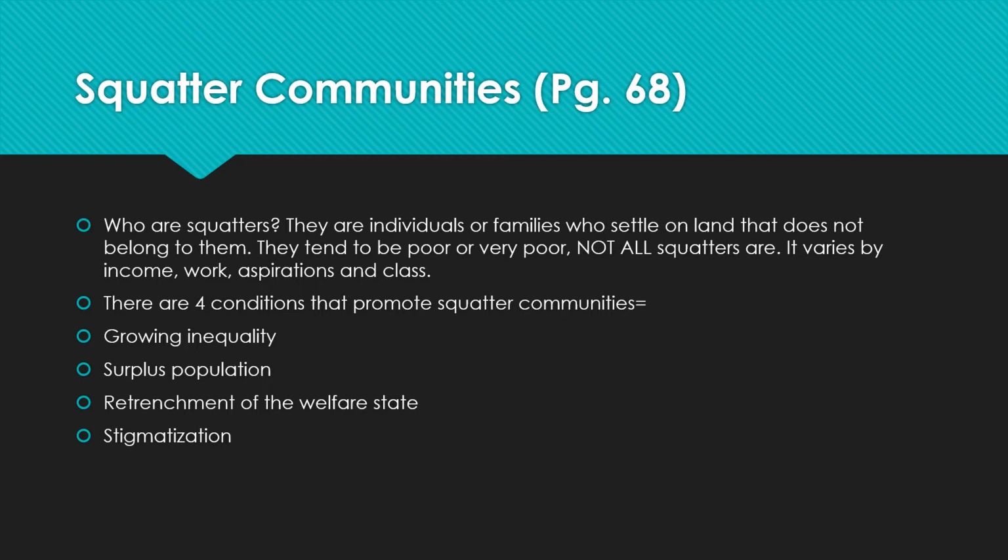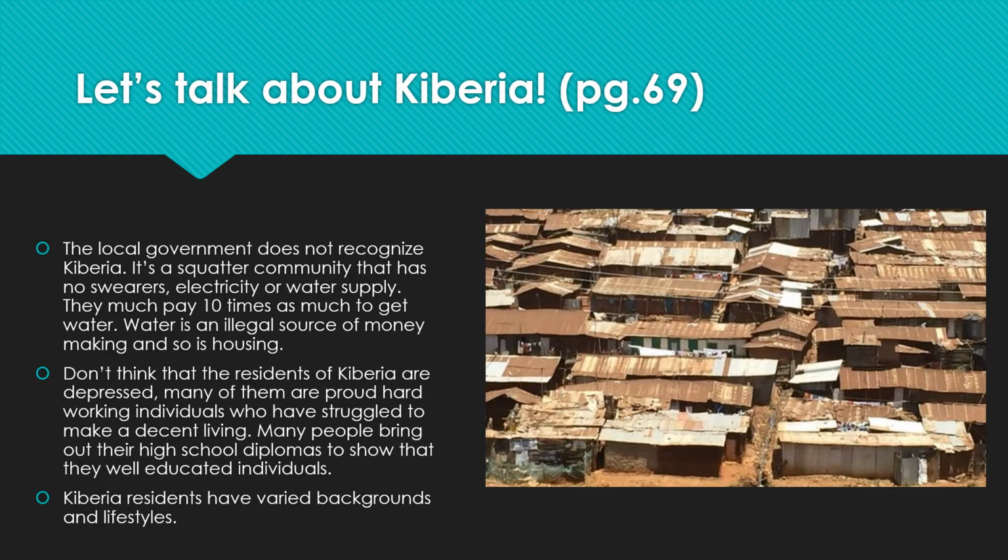And looking at the squatter communities, I specifically wanted to look at Khyberia, which the text does a great job providing you good information about a particular squatter community. Now I want to note that the pictures that I do have listed for Khyberia are from Khyberia. So, I didn't just pull these pictures, they're specifically from Khyberia.